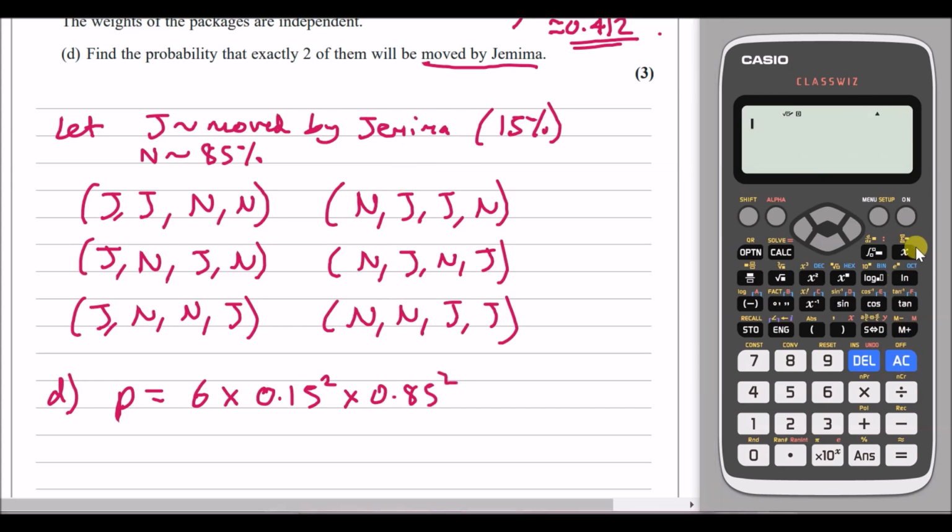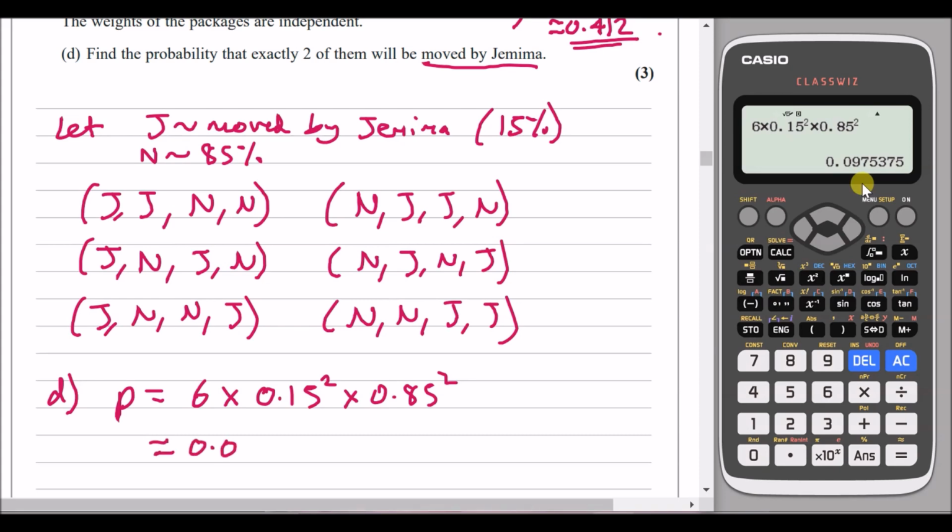I'm going to just do it quickly here. 6 times 0.15 squared times 0.85 squared. That should give us roughly, to 3 significant figures, 0.0975. And that's it, guys. That's literally all you have to do.